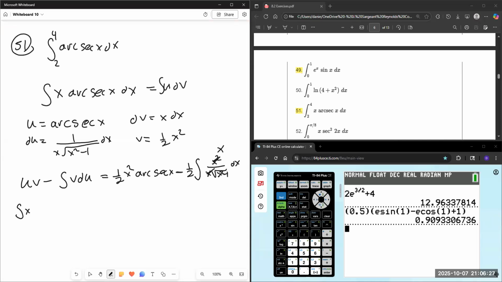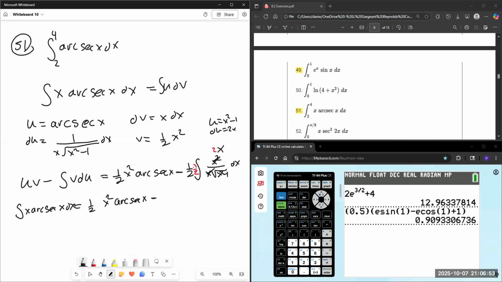So the integral of x arc secant x dx equals 1/2 x squared arc secant of x minus, I need a 2, and a 1/2 here to balance it out. I'm going to do a u substitution here of u is equal to x squared minus 1.